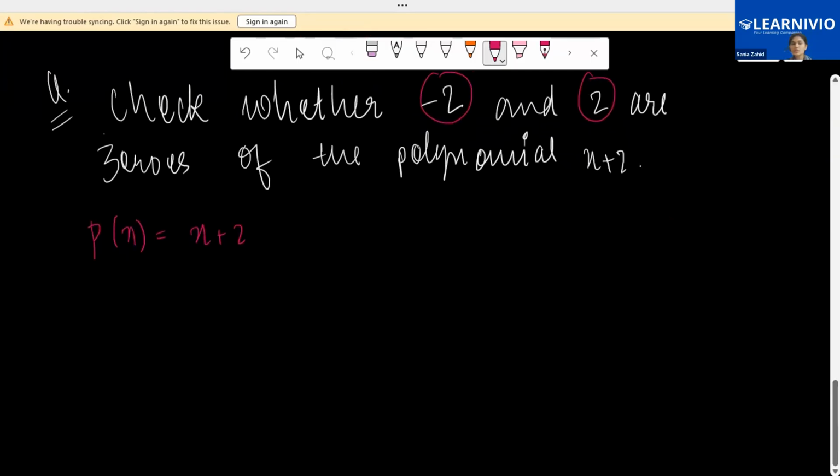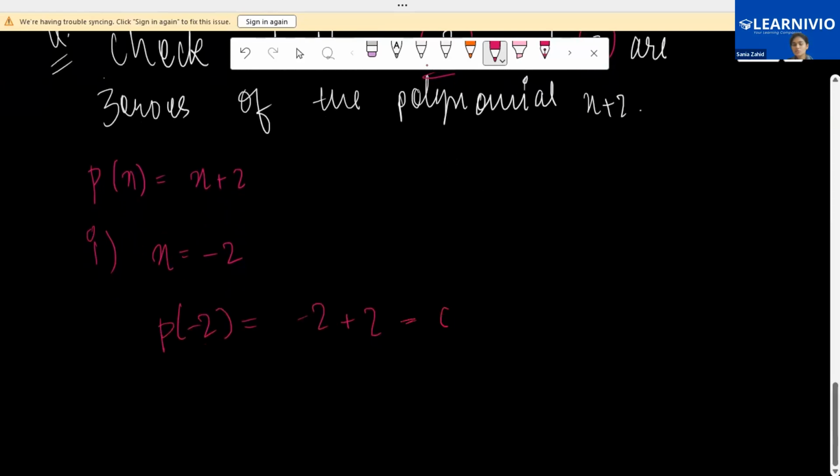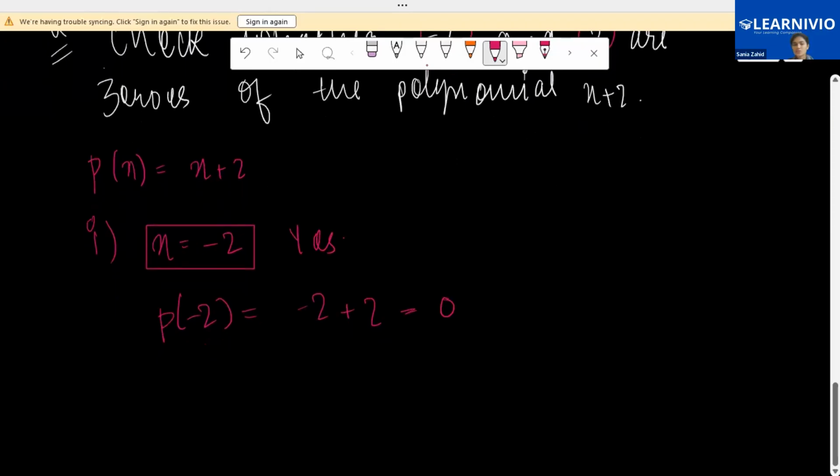So first of all, let's put x is equal to -2 because first it is -2. So in place of x, we'll put -2. So what will we have now? -2 plus 2. What is my answer? 0. So do you think x is equal to -2 is a zero of the polynomial? Yes. Why? Because on substituting it, we are getting a 0.